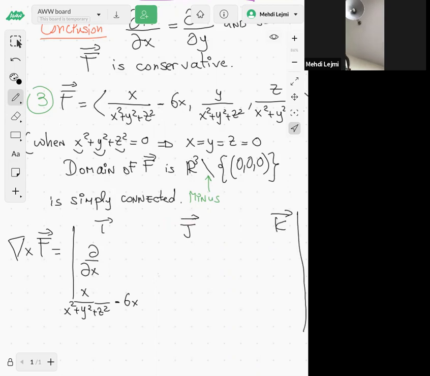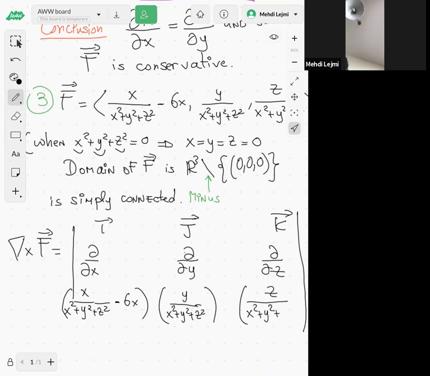Okay, so here's partial y, and here's partial z. Then the second component is just y over x squared plus y squared plus z squared. And the third component is z over x squared plus y squared plus z squared.